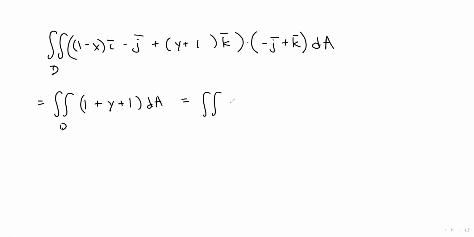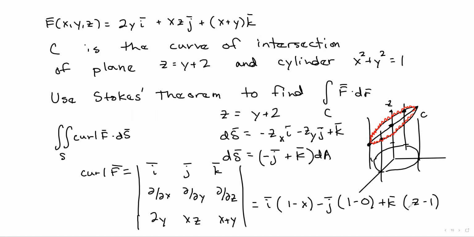And so we end up with y plus 2 dA. Okay, and let's just check this because that is not what I got in my notes. So we got 1 minus x.